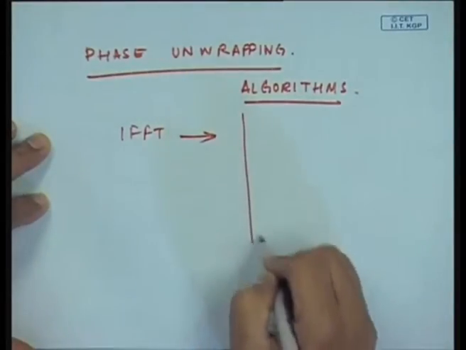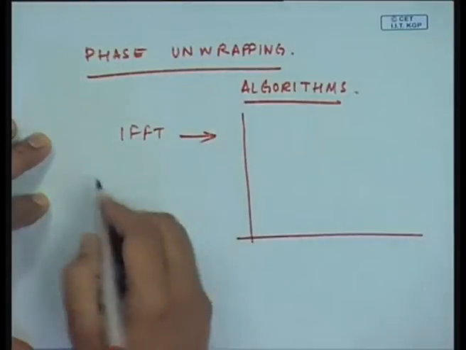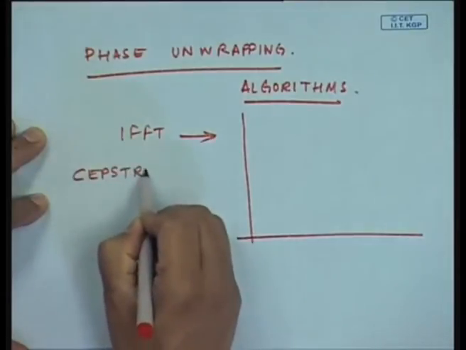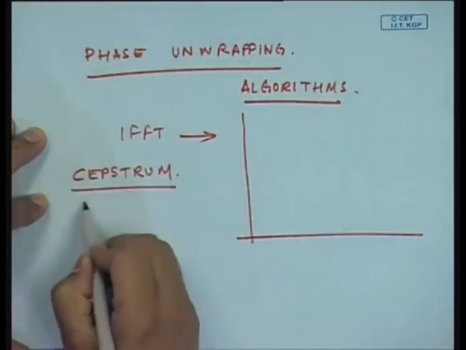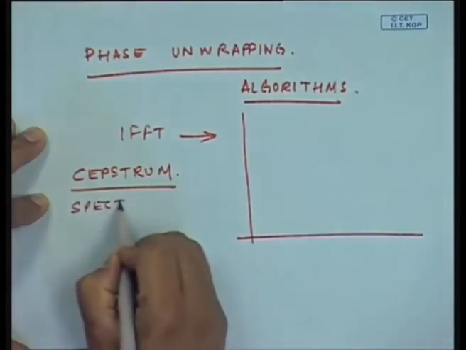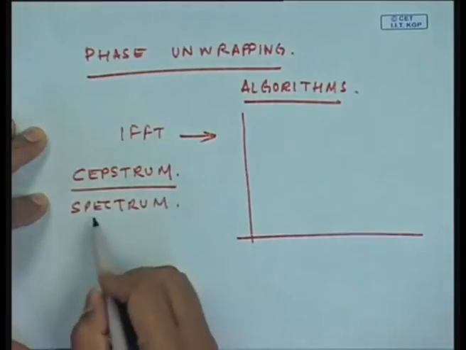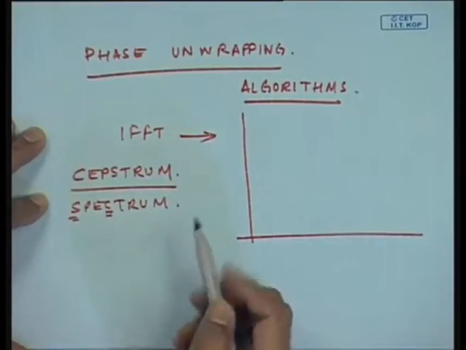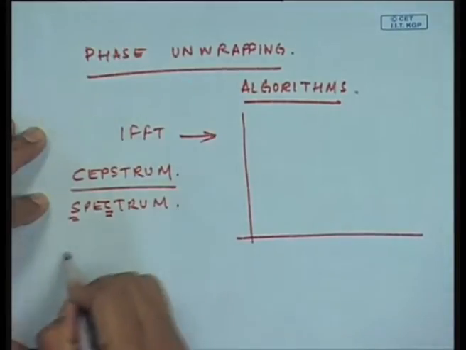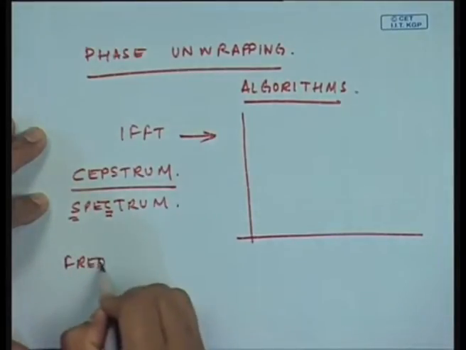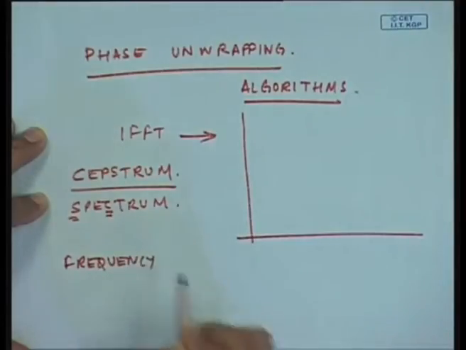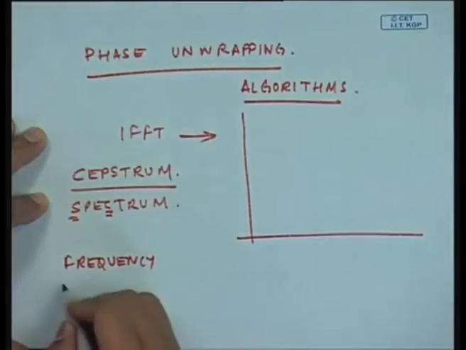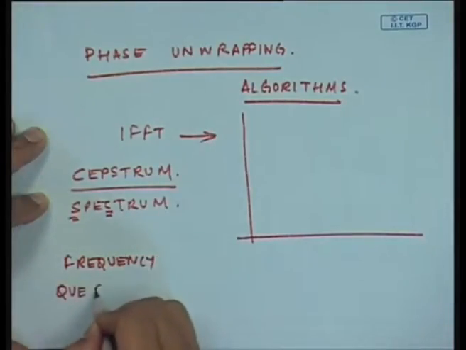Now, in the time domain, if you look at Cepstrum, the way it comes, it is just the spectrum with C replaced by S. When we had frequency as the x axis in the spectrum, here it is known as the Q frequency.